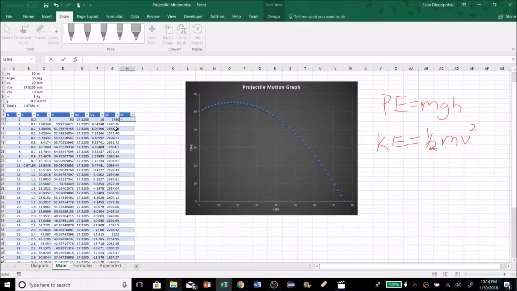So we're gonna do 0.5 times, again, the mass of our ball, lock that, times our velocity squared.